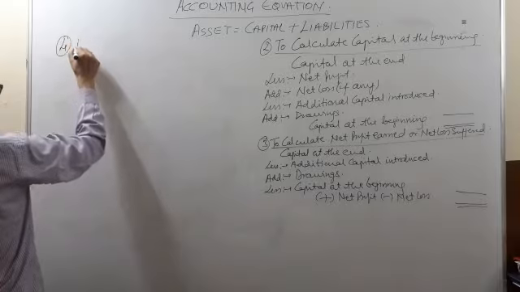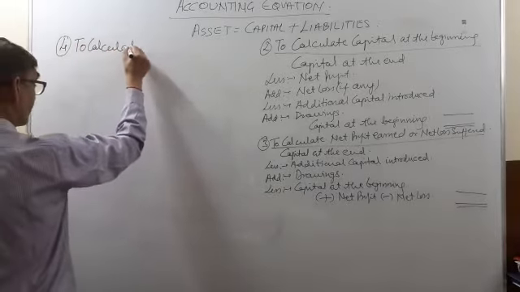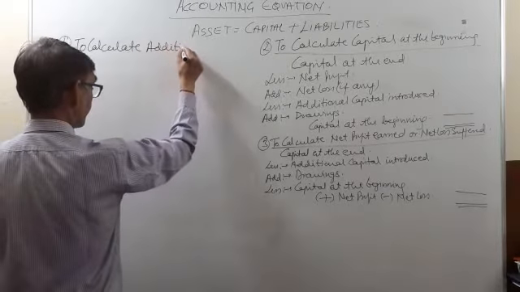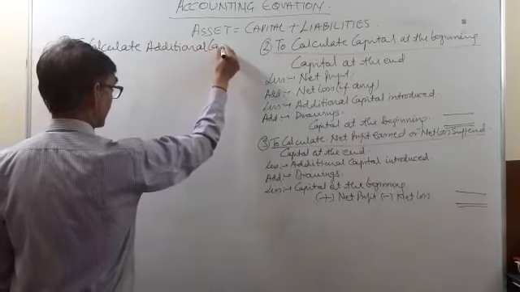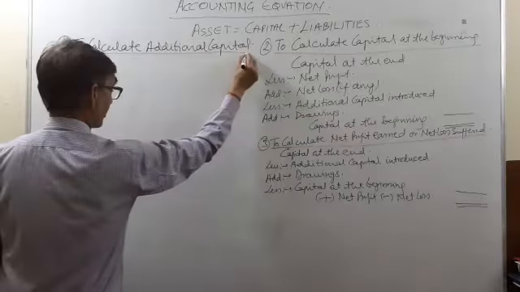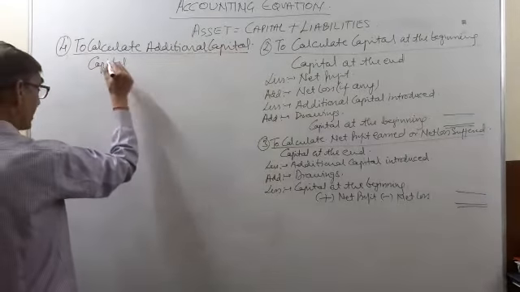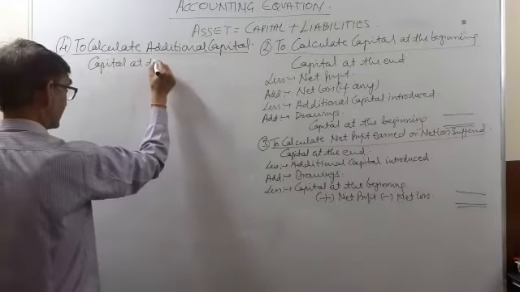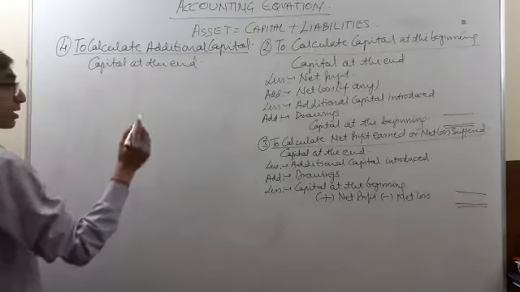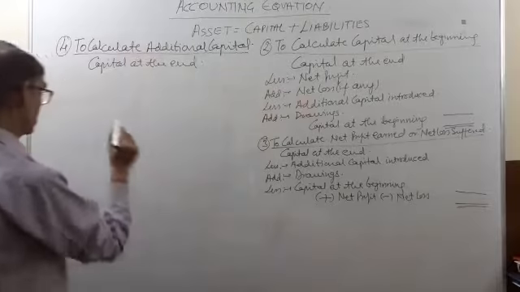Fourth, to calculate additional capital, we will again start with capital at the end. Now this thing is missing and all other information is with you.